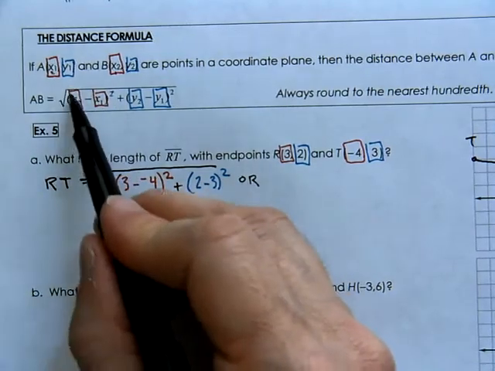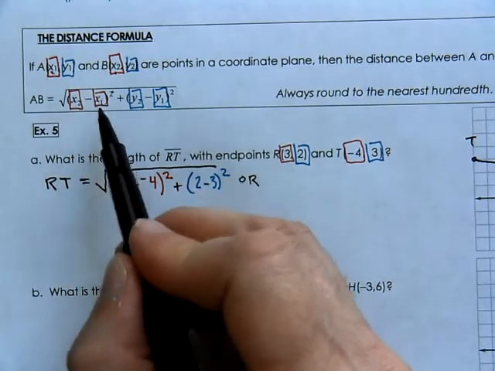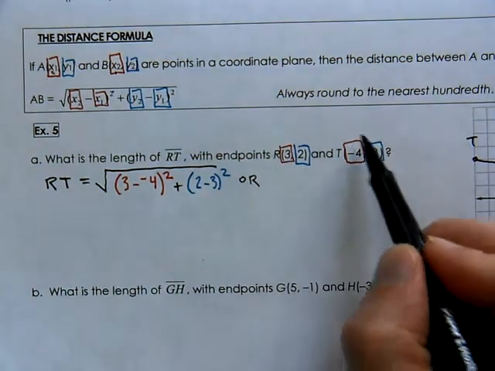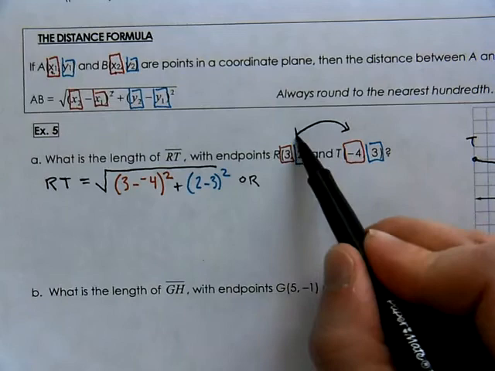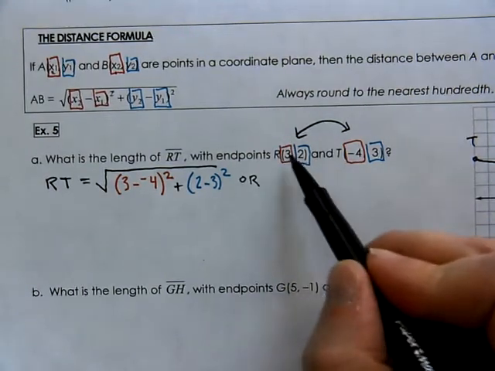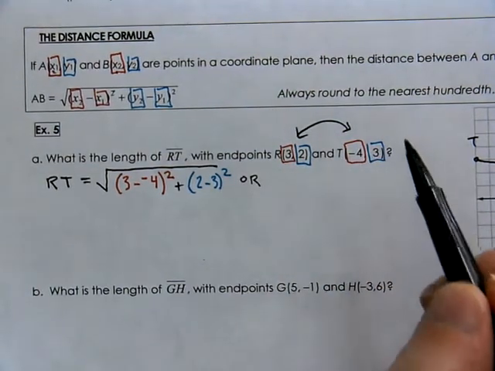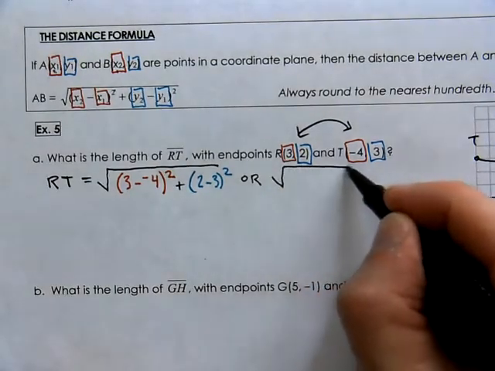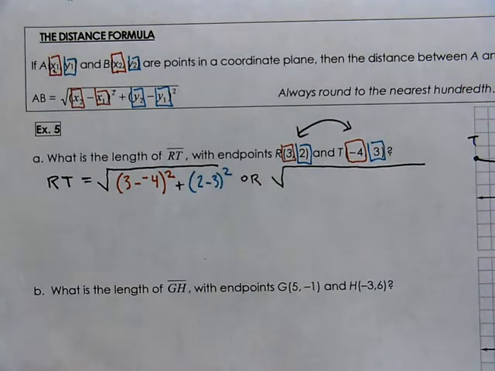Isn't it supposed to be x sub 2 minus x sub 1? Well, does it really matter which point we've listed first or second? Can't we switch them around? We could have listed point T first and point R second. And the answer is no, it does not matter the order as long as you are consistent.